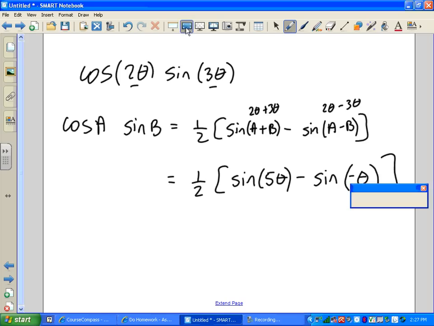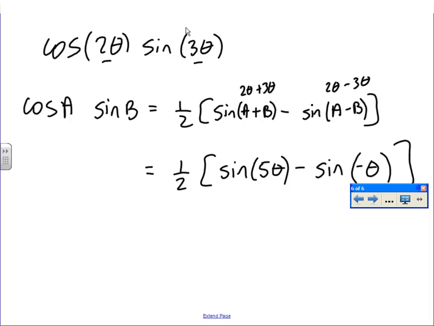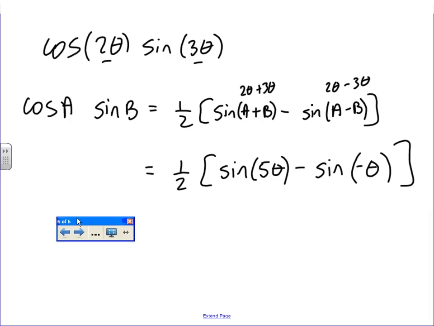Now we could actually do another step, and I'm going to go back and look at the other one to maybe fix that too. But notice, remember sine is an odd function. And so the sine of negative theta is equal to the negative sine of theta. If we use that identity here, and I think they want us to actually do this, let's see if you can think how that would change that up.